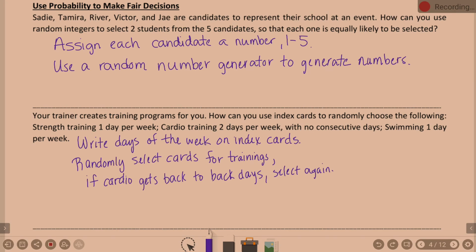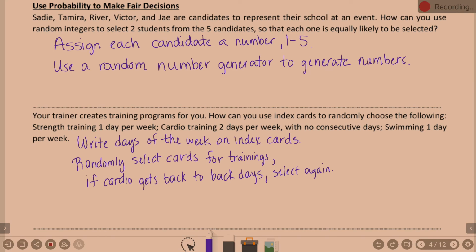Again, lots of tweaks and variations on that, right? So if I were to put something like this on a test where you have to come up with something like this, then I'm going to need something that legitimately works, okay, that makes sense, and go from there. So not just one right answer.